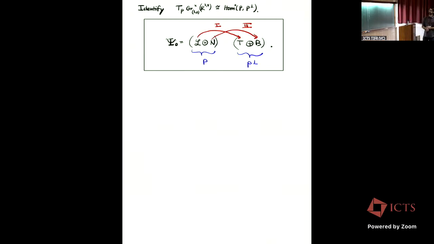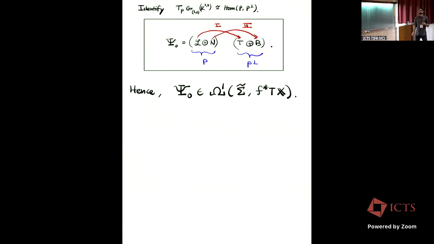So psi naught does move me from P to P perp, and you can check that it's actually a derivation of the cross product. So we can refine our perspective on psi naught to say that it's a one-form on the universal cover with values in the tangent bundle of the symmetric space along F.